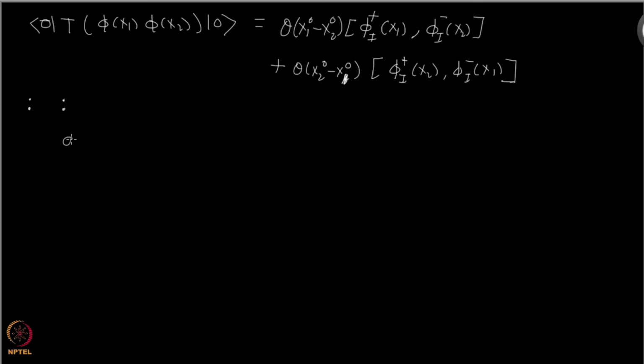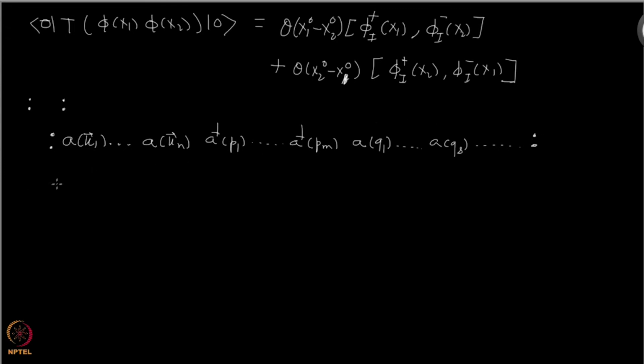So if you have operators a of k1 up to a of kn, so let's say you have a series of a's, and then you have another series of a daggers, and then maybe you again have another series of a's, and so forth, maybe another series of a daggers. And if you were to normal order these operators, then what you get is the following.